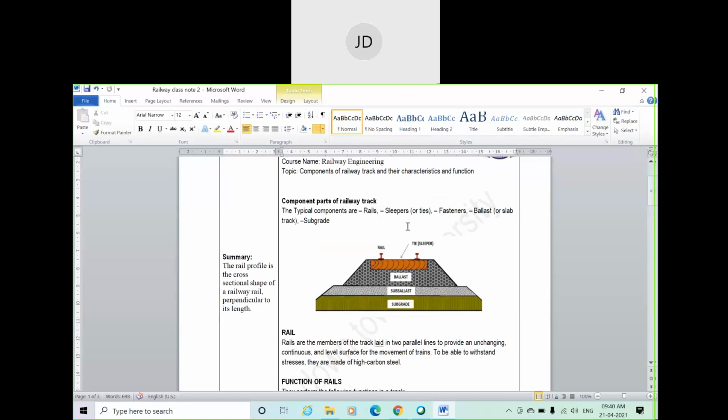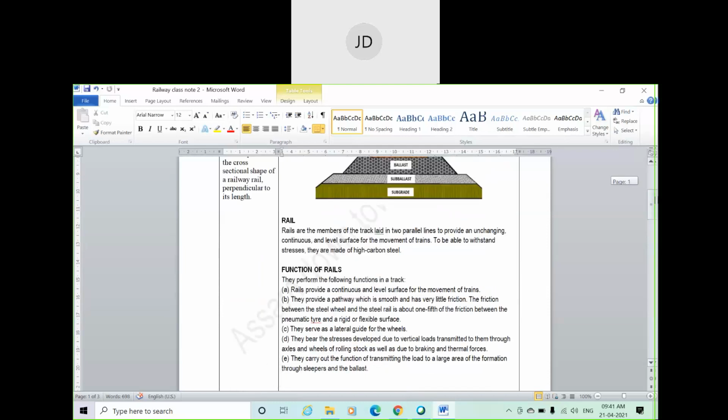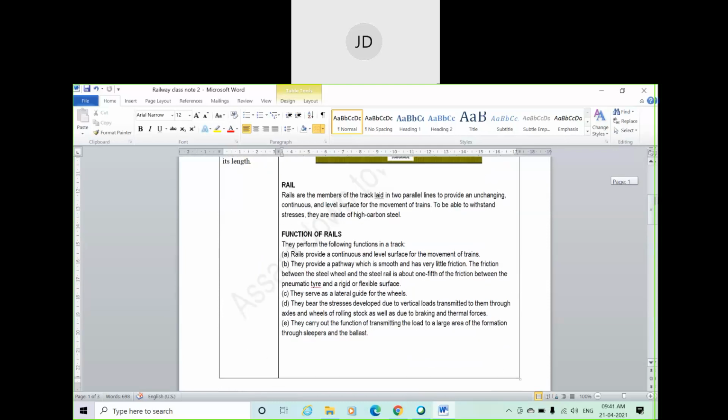It converts the rolling load of the train into a point load, and finally it comes to the sleeper as a line load. Then it goes to an area load. So it is transferring the point load into a larger area finally. So this is a basic function of rails.